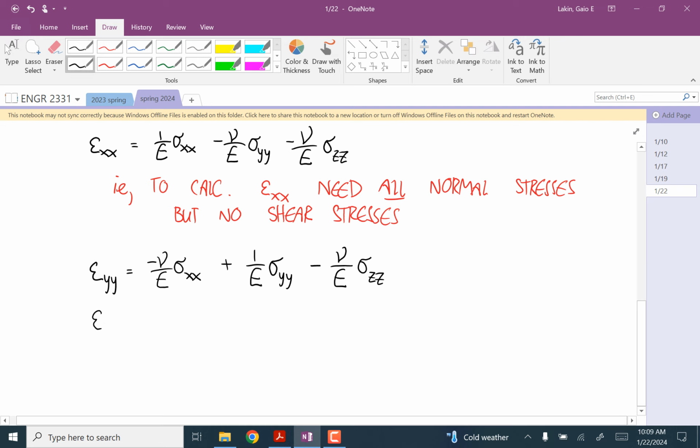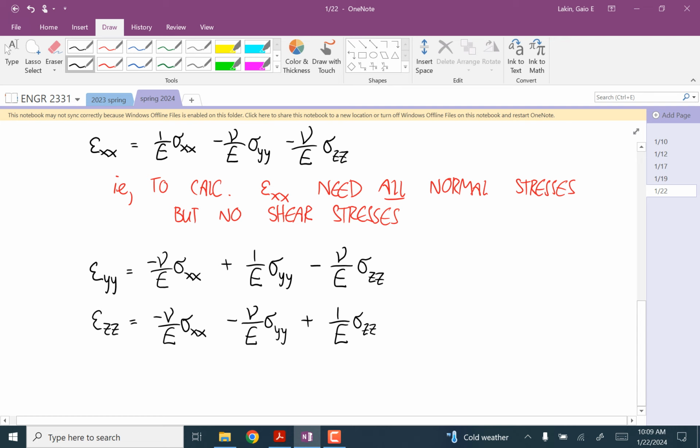Okay. Same thing with Z. I'll just write that here. So EZZ is equal to negative nu over E times stress XX minus nu over E times stress YY plus 1 over E times stress ZZ.